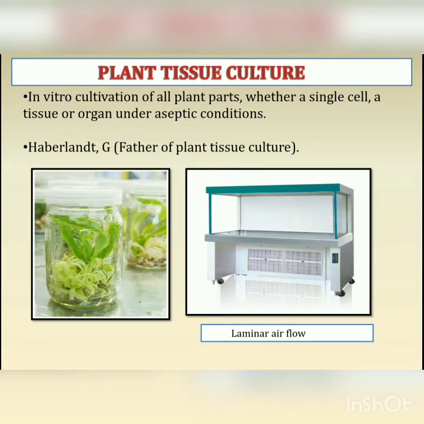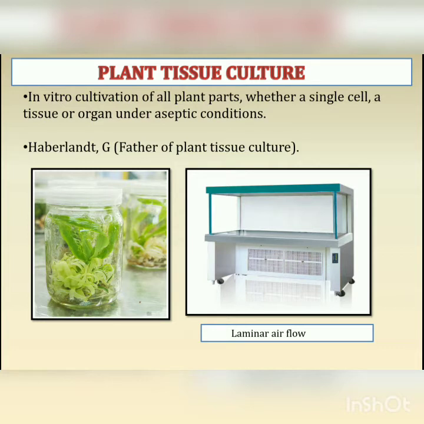The two images given in this slide, the first is of a glass bottle and the second is of a laminar airflow. In this glass bottle we will inoculate the explant, and the further stages of that explant will take place in this glass bottle.